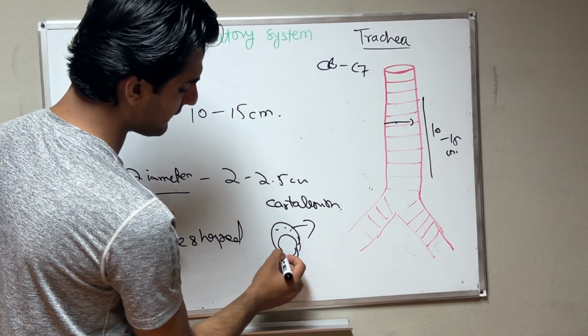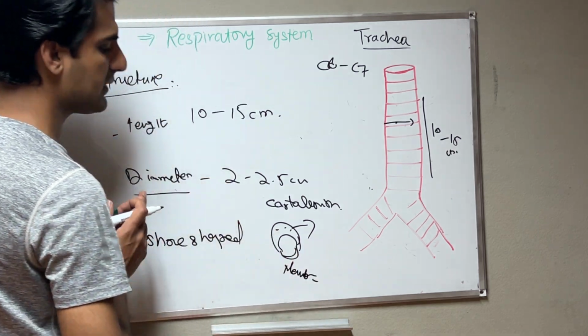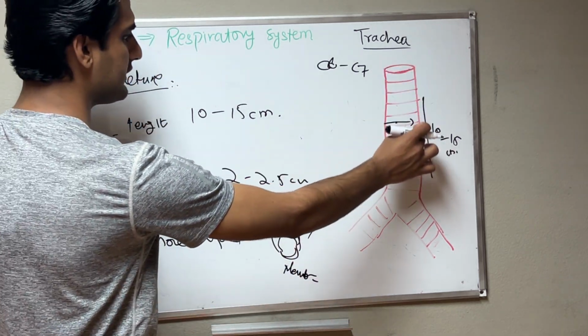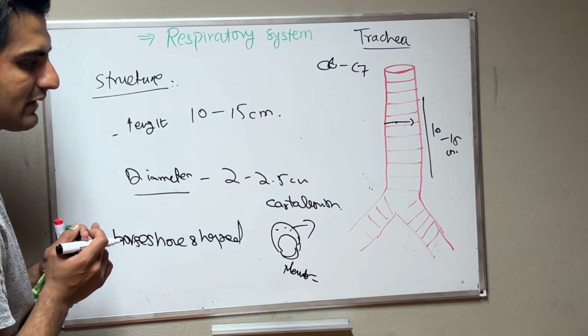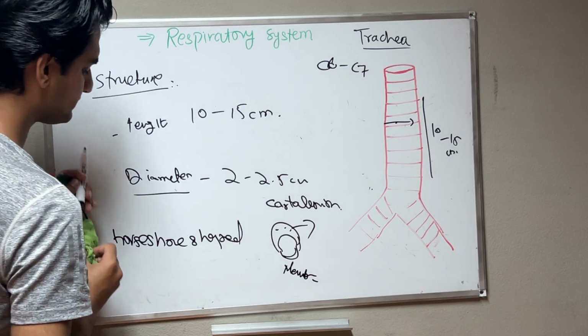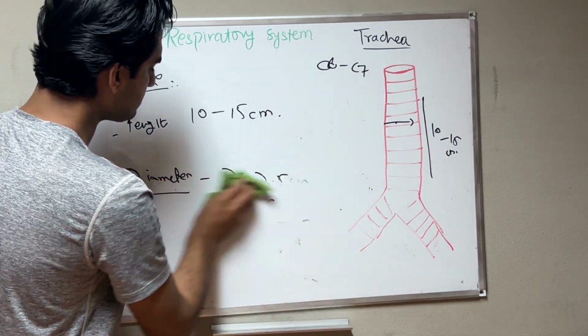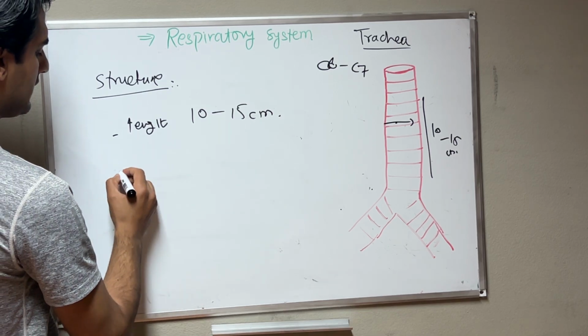From the back we have the membranous part. This is the anterior view, the cartilaginous part, and from the back we have muscle and the membranous part of the trachea.